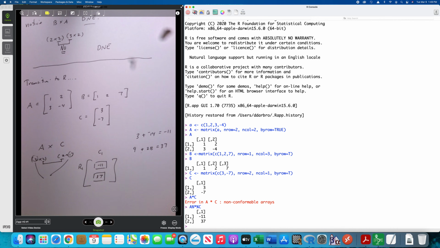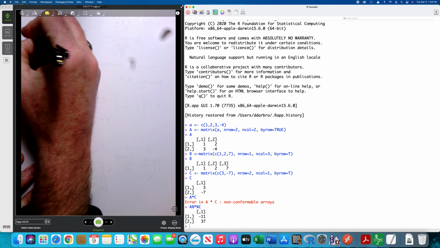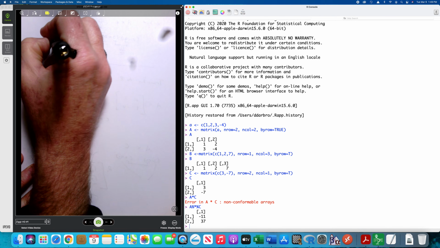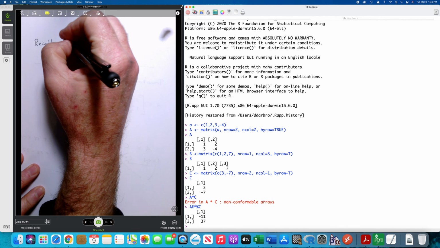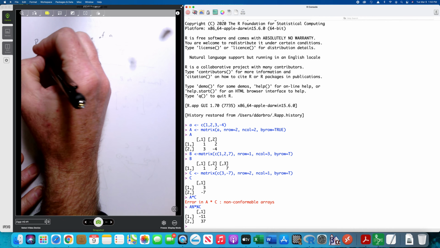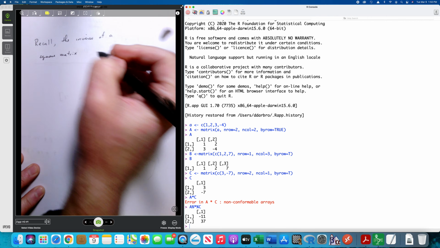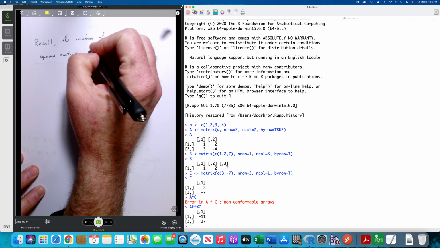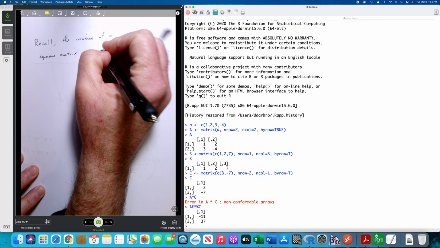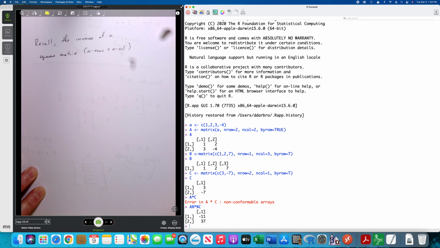Now, if we're going to take the inverse of a matrix, you guys recall the inverse of a square matrix. Now, what's a square matrix? It just means that the number of rows is equal to the number of columns.